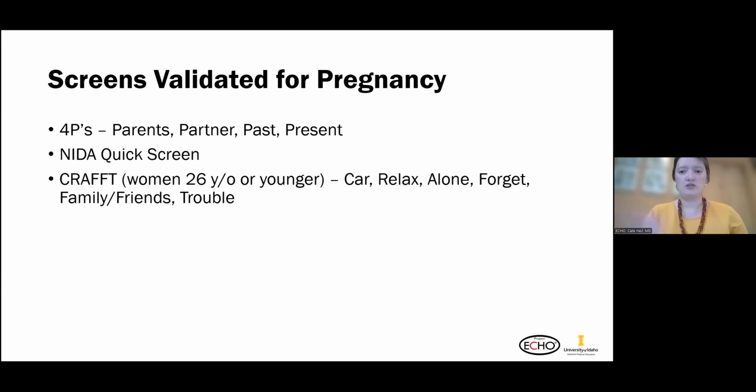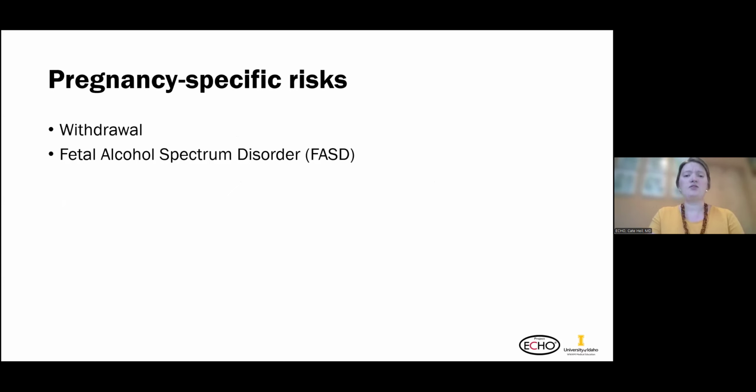We use that in adolescents to screen for substance use too. Okay. And then going over pregnancy specific risks, these are the main ones. There's withdrawal, a little bit of difference there, and then, of course, risk for fetal alcohol spectrum disorders.